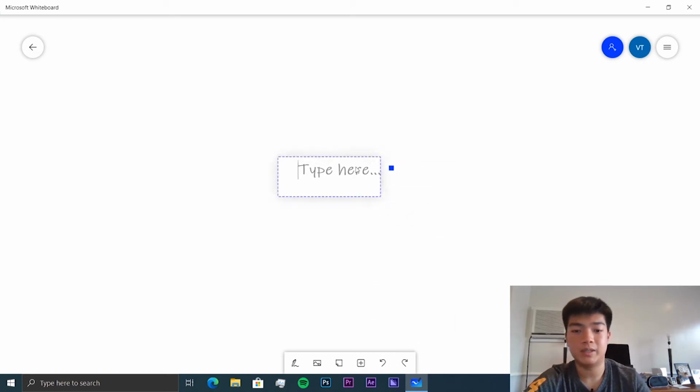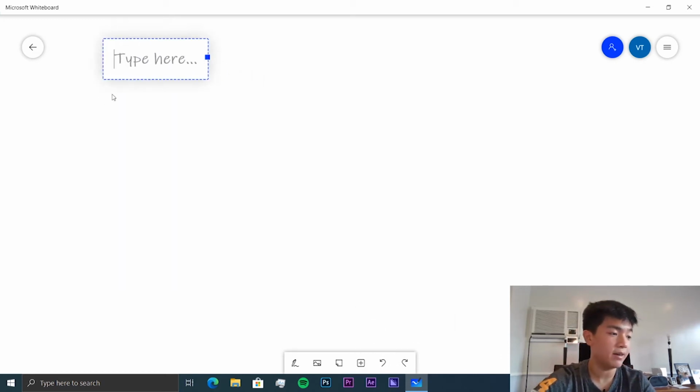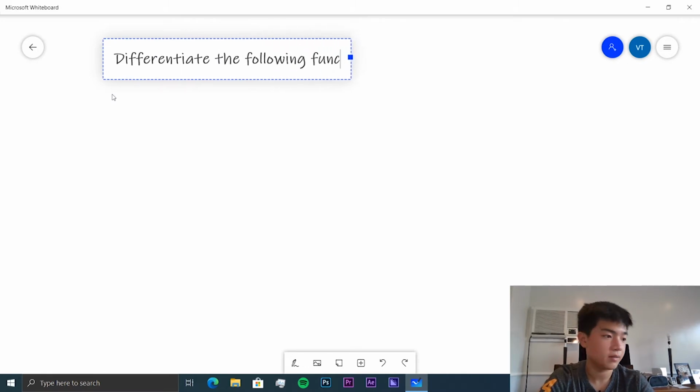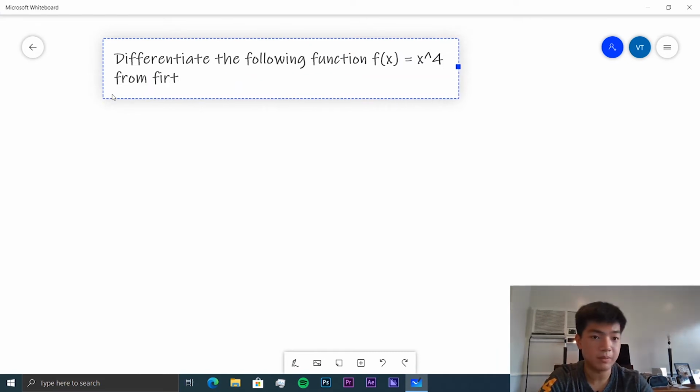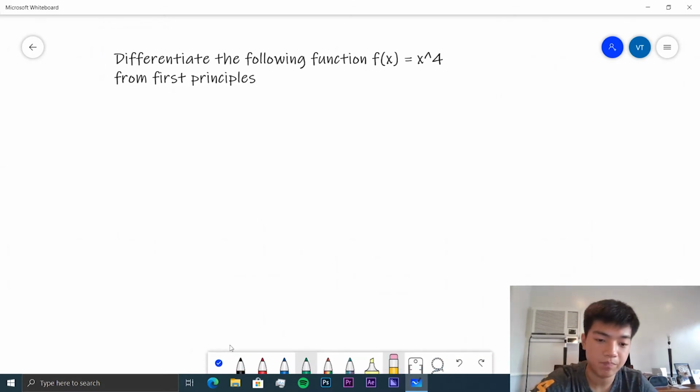So next question, we have: differentiate the following function, f of x is equal to x to the power 4, from first principles. Okay, is it just that? Okay, so that's cool.